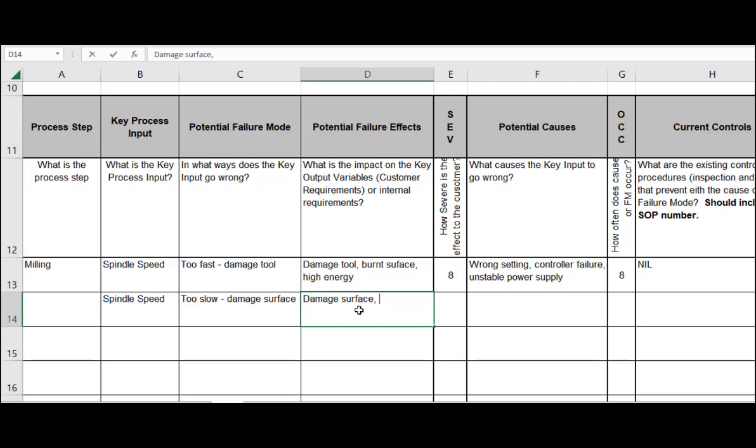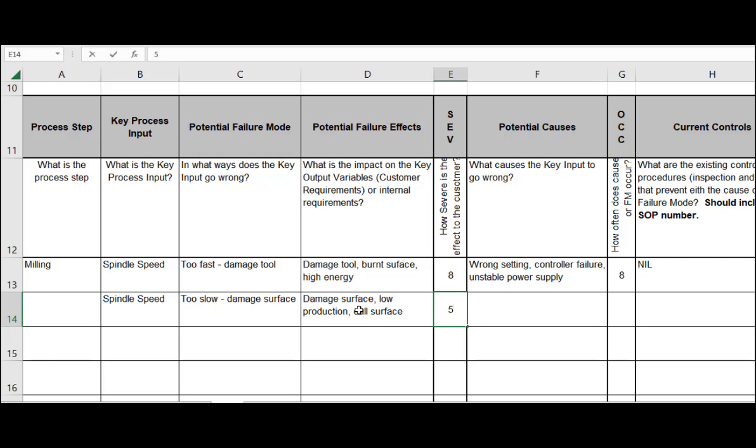Low production, okay, because of spindle speed, so it will reduce the production. Then it might also cause a dull surface, for example. Okay, so again we give the ratings. So maybe here is 5.